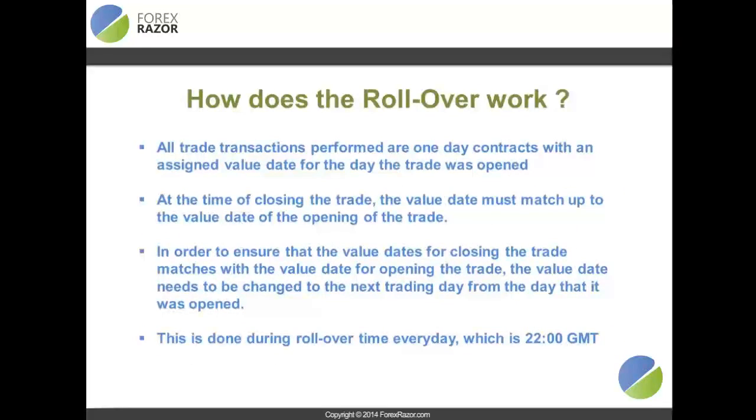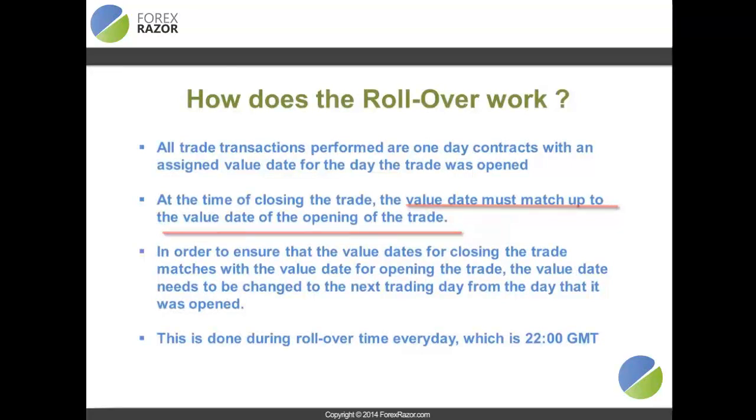So how does this rollover work? Transactions in the interbank markets are one-day contracts, and each trade that is placed by a trader is assigned a value date to help identify those trades by the day that they were placed. Now, when the trade is closed, the value date needs to match up with the value date of the opening of the trade.